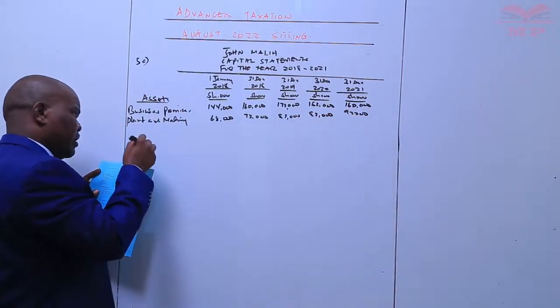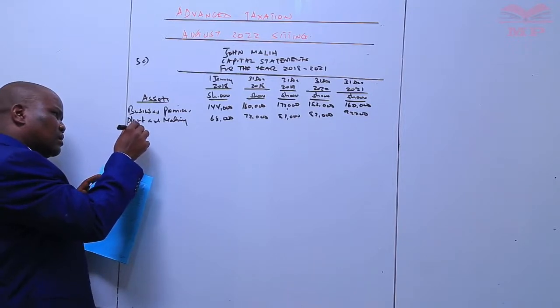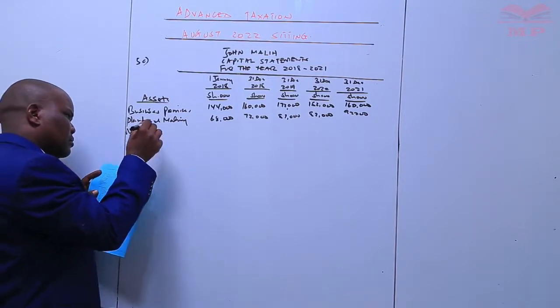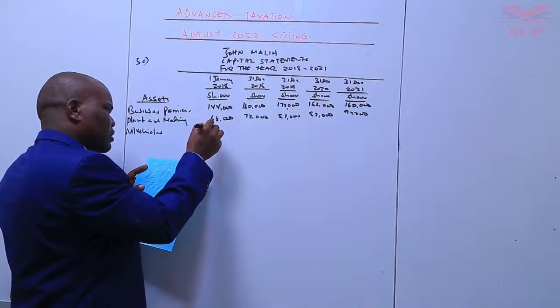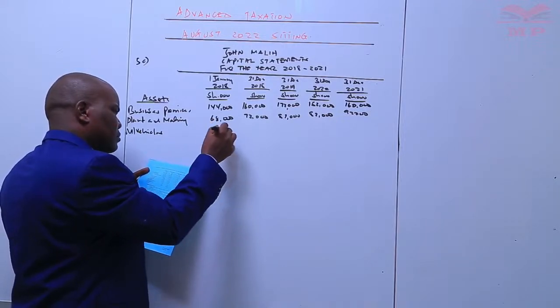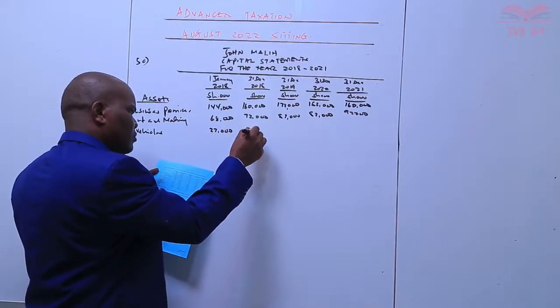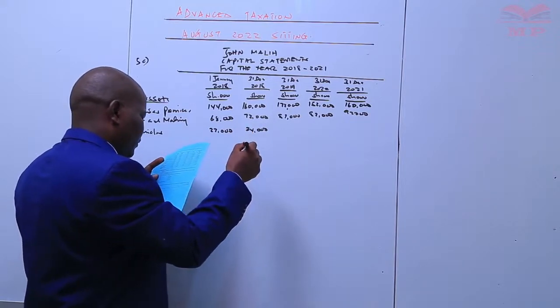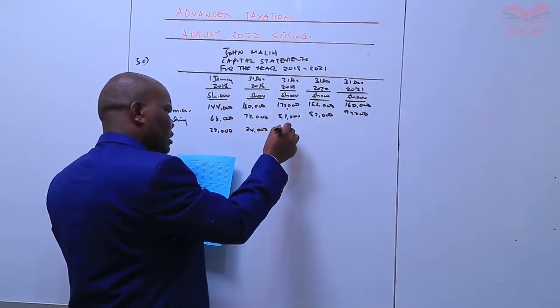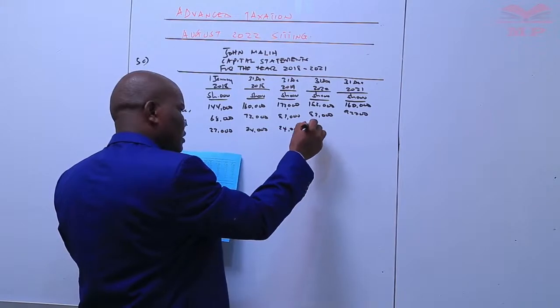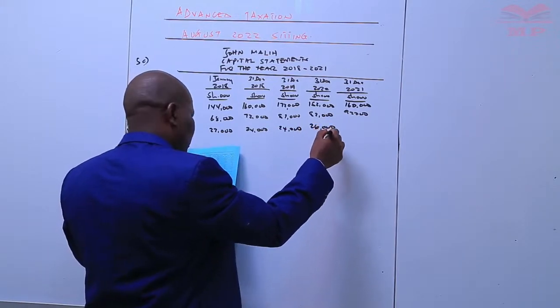Next, we have motor vehicles, still an asset, 22 million, 24 million, 24 again, 26 and 24.